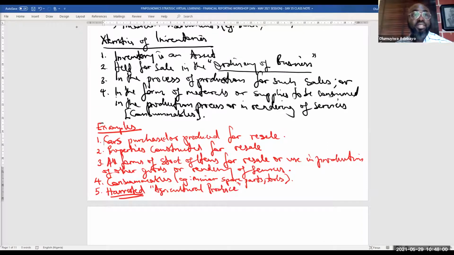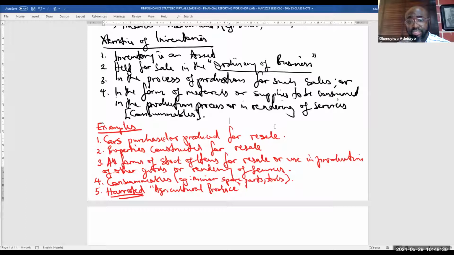Okay. Now, which means inventory by definition is not limited to the nature of that item. It's a function of the purpose of holding such an item.